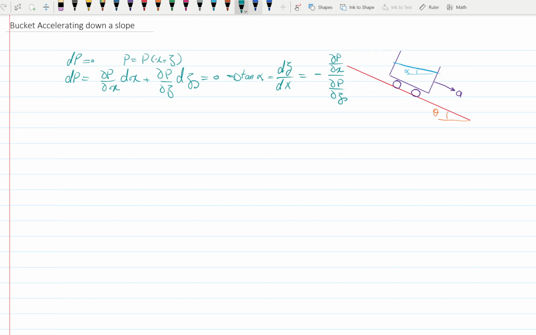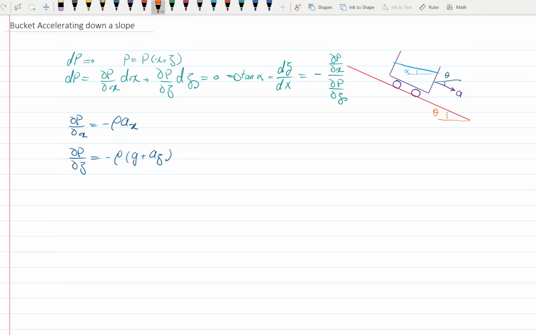Now from this point on, you just close your eyes, you just follow the rules, right? What are the rules? Well, the governing equation for pressure in the case of hydrostatic, and hydrostatic is a good assumption for this problem, is ∂p/∂x equal to negative rho ax, and ∂p/∂z is equal to negative rho times g plus az. All right, now a is along the sloping bottom, so this angle is theta.